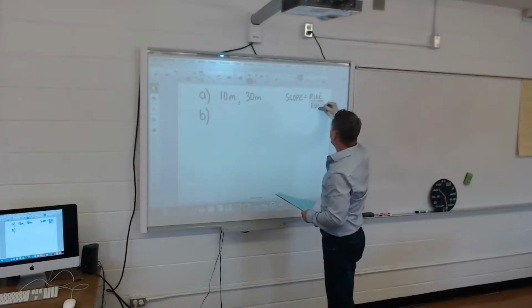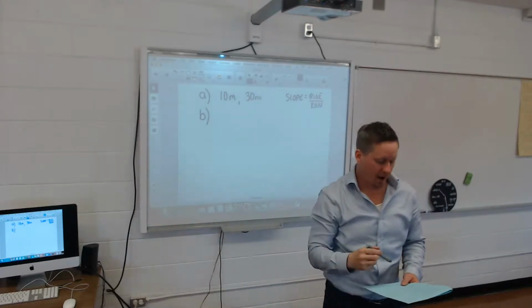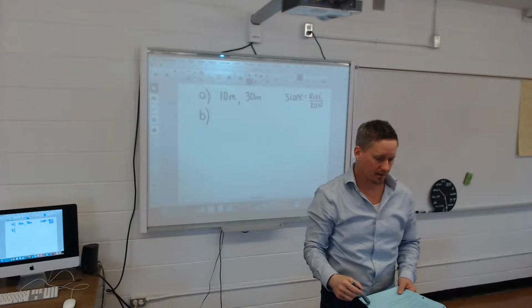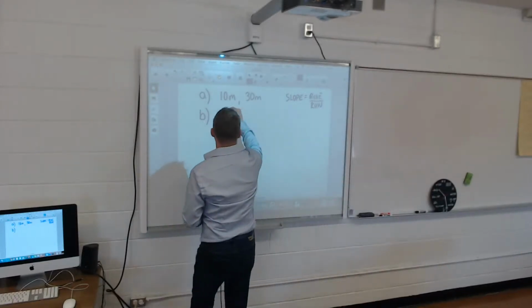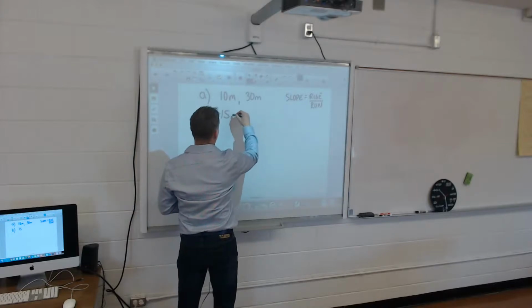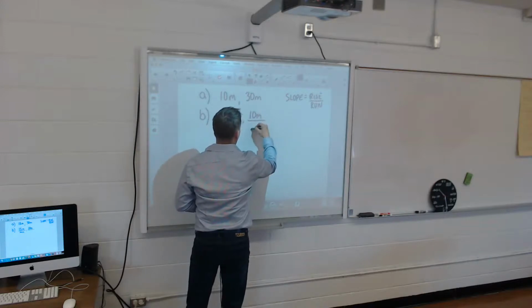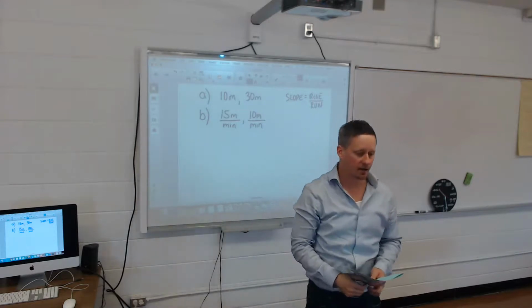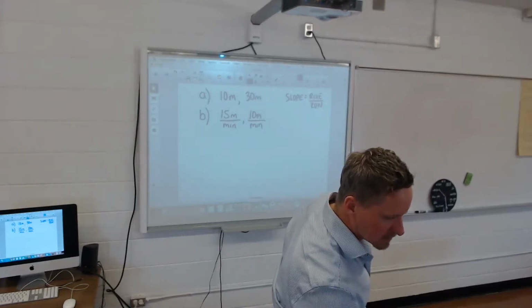Now, because they gave you 2 equations, the slope is always found in front of the x, or in this case, in front of the time. So how fast is each rising? This one's rising 15 meters per minute. And this one was rising 10 meters per minute. And I got that from the equations. Now, I could have also counted to see how fast it was going up and down.